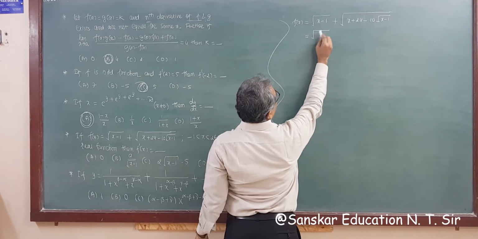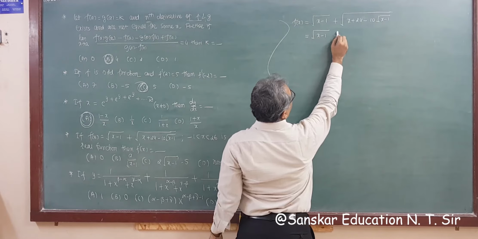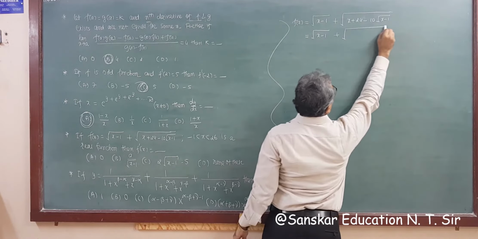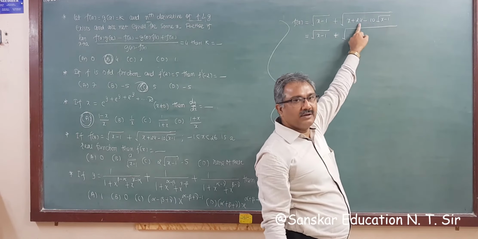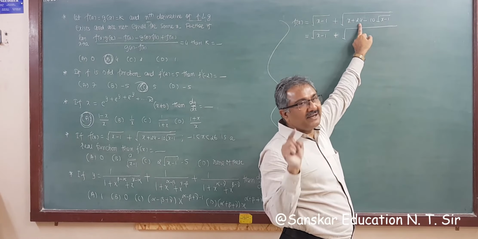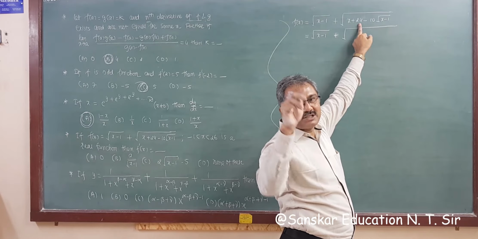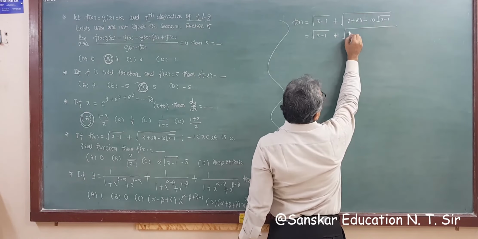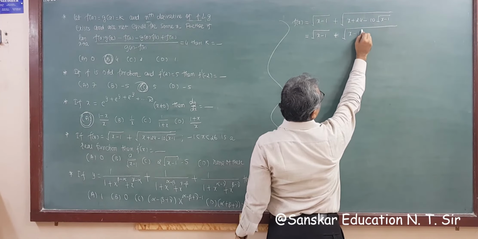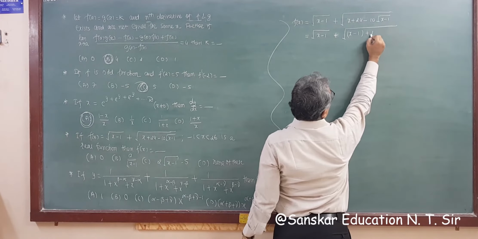This is root x minus 1, right? Plus this is under root. Now the perfect square number nearest to 24 is only 25, right? Because 16 is far away, and then 36. So I am writing this as x minus 1 plus 25.